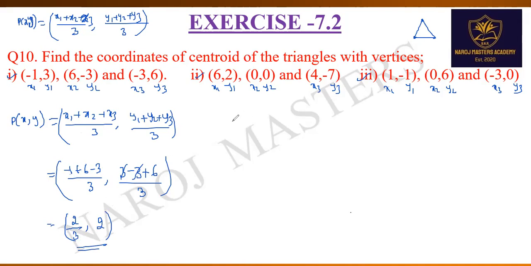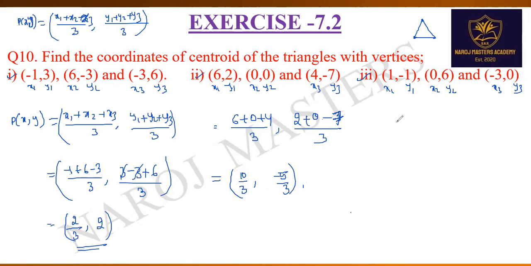For the second triangle again, x1 plus x2 plus x3, that is 6 plus 0 plus 4 by 3 comma y1 plus y2 plus y3, so 2 plus 0 minus 7 by 3, that equal to 6 plus 4, 10 by 3 comma 2 minus 7, that is minus 5 by 3. So these are the coordinates, centroid of this triangle.